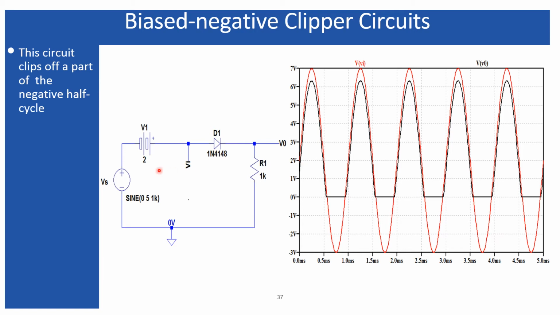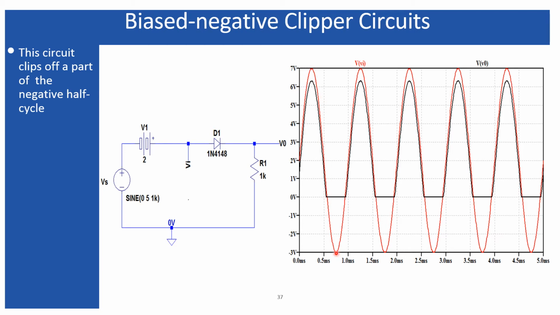So when the signal goes to its positive half cycle, the diode is already in forward bias. So this voltage will be added to the existing DC voltage. The peak voltage of the sinusoidal signal is 5 volt, and there exists a DC voltage of 2 volt. So a total of 7 volt should appear at Vi. So Vi has a peak voltage of 7 volt. This is the input signal.